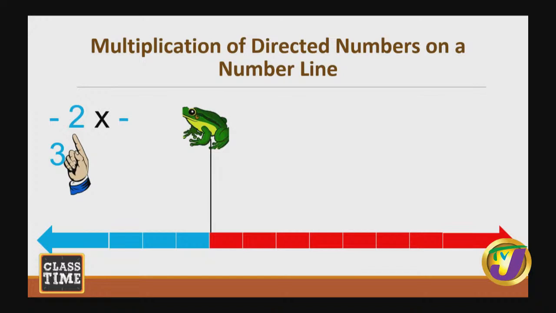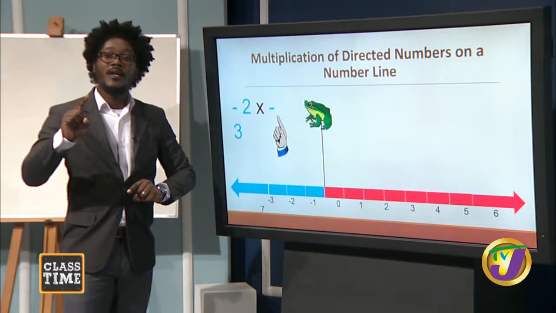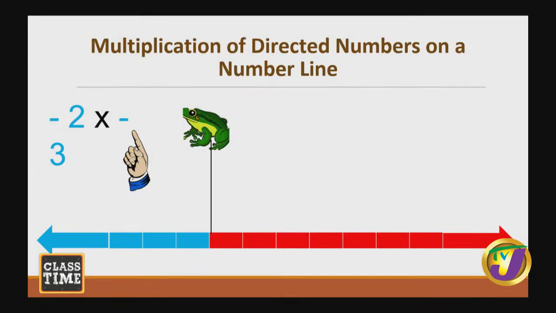Now, we move to negative 3. What does the negative 3 tell us? Negative 3 tells us that we are going to be moving in the backward direction, and every time that we jump, we are going to clear how many spaces? Excellent. We are going to be jumping 3 spaces at a time, but we'll be jumping backward.